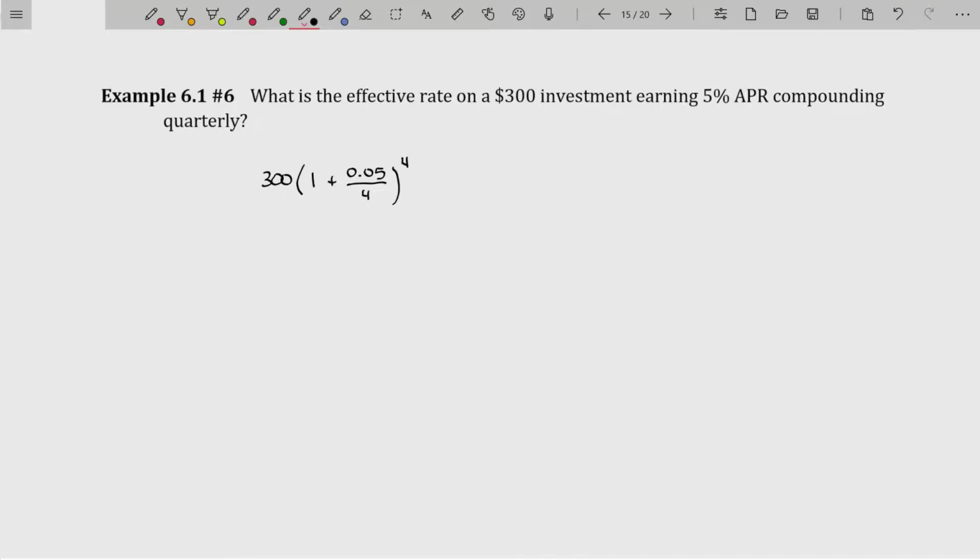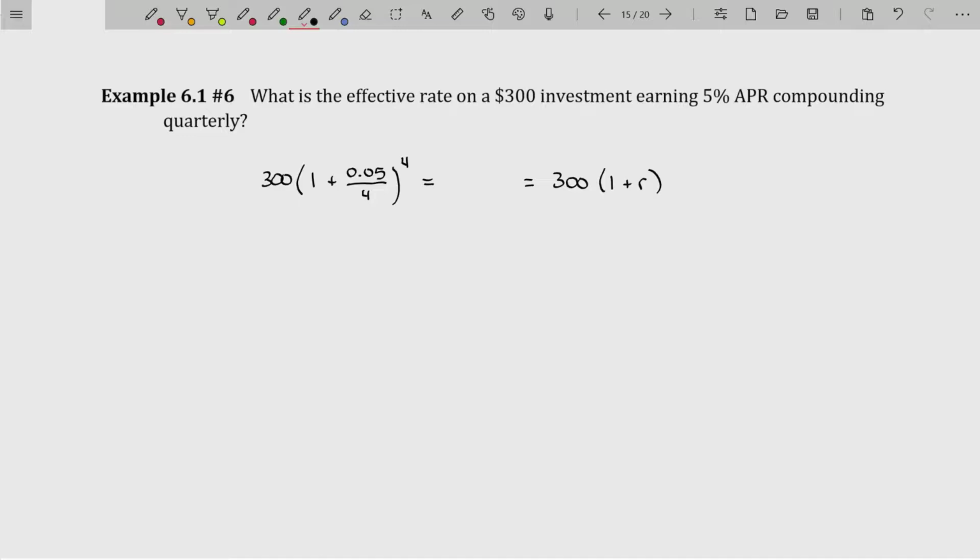We're going to run that for just a single year. You don't have to run it for 20 years or anything like that. You want to know what number that is, and you want that same amount to be what you would have received had you invested $300 at some other unknown rate. So these two you want to match up.